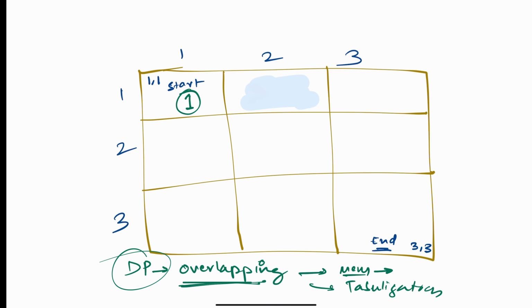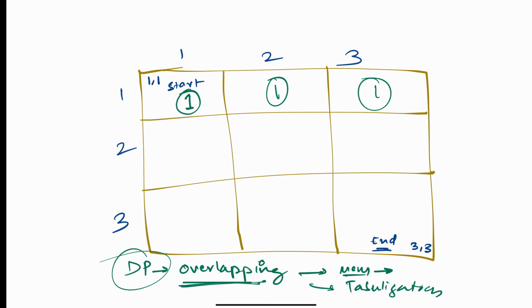So again, let me write the solution as 1. So only one way to reach here. Now move to the next one. In this 1 comma 3 coordination, how many ways I can reach? Only one way, like this, right? So again the solution will be 1.